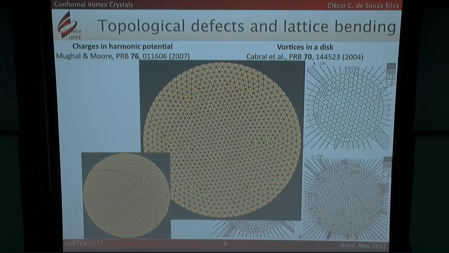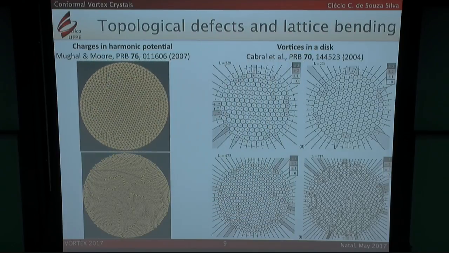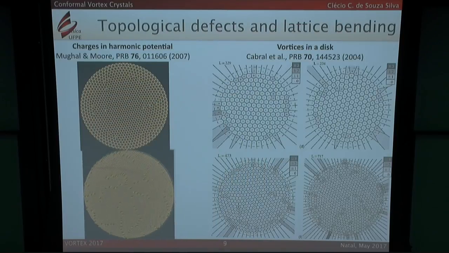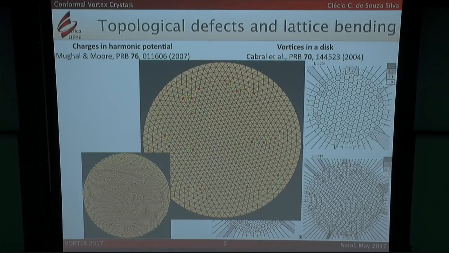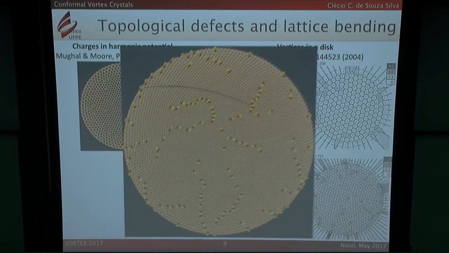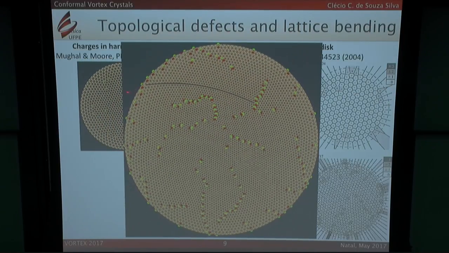For a not very large number of particles, you have a few defects here, and the surface behaves in a different way from the bulk. But when they increase the number of particles, they can accommodate this. You can accommodate this very nice bending of the lattice.